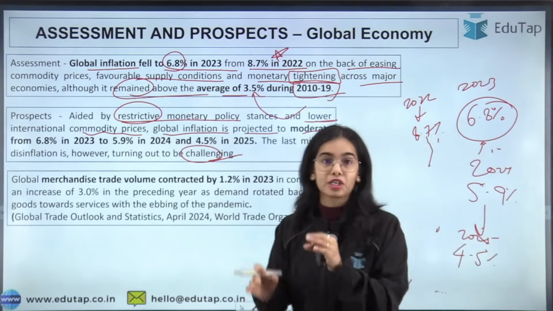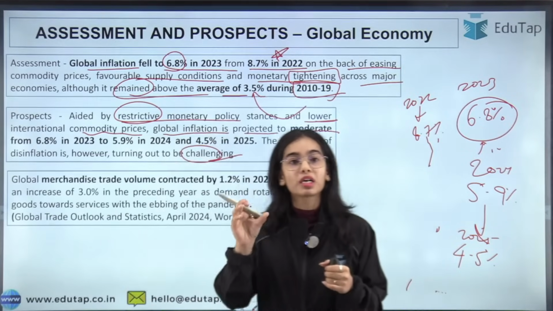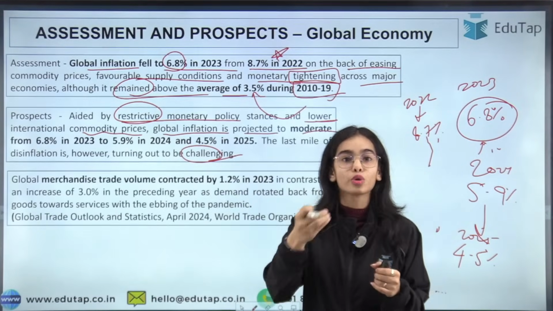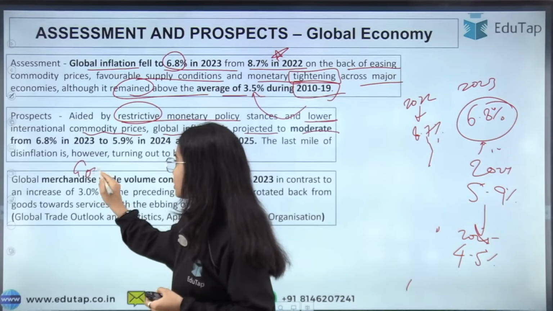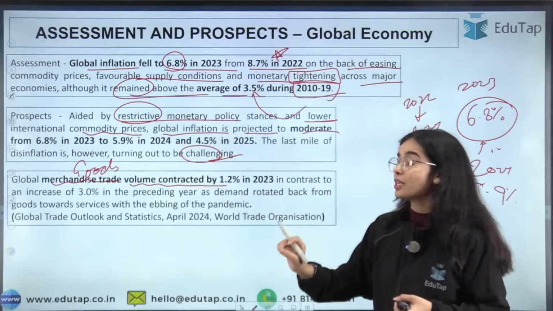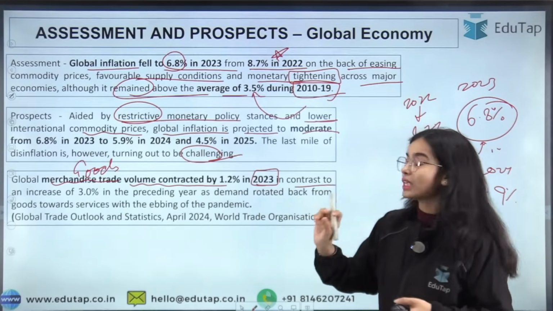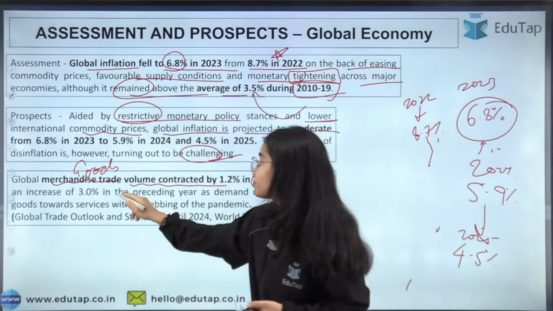Global merchandise trade. So now from inflation, let's move forward to trade. Merchandise means goods. Global trade in goods volume has contracted by 1.2% in 2023 in contrast to the increase of 3% in the preceding year.